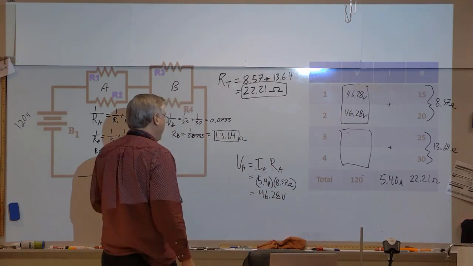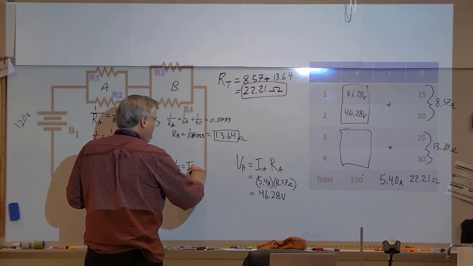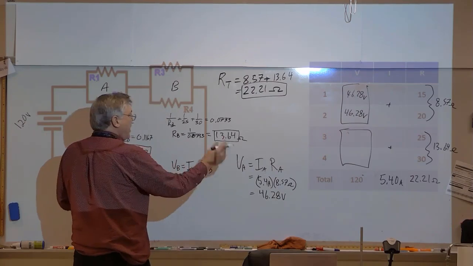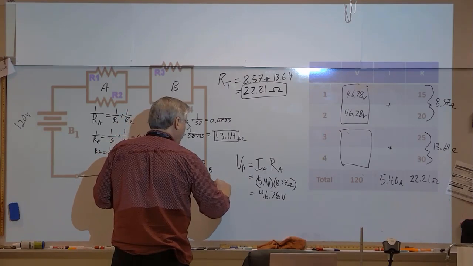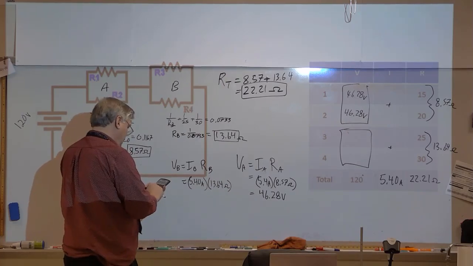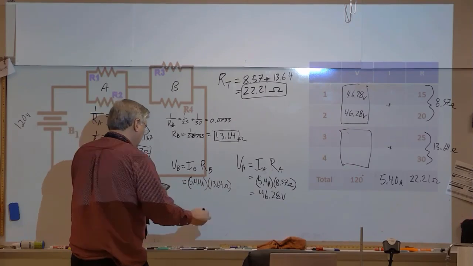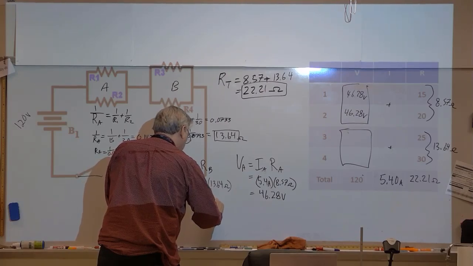But let's go on and do that anyway. Voltage at B is going to be equal to the current at B times the resistance of B. The current at B is the same, so it's 5.40 amps times 13.64 ohms. So 5.40 times 13.64, and I get 73.66 volts.